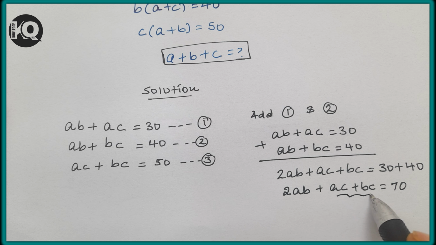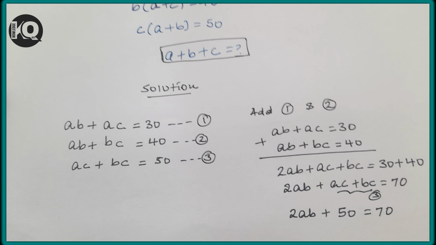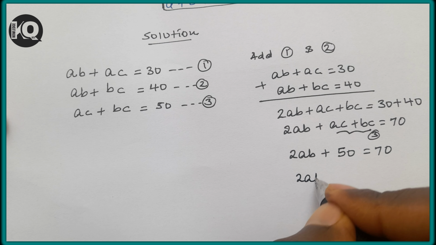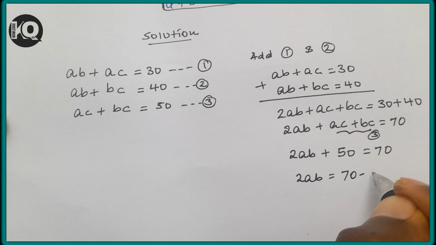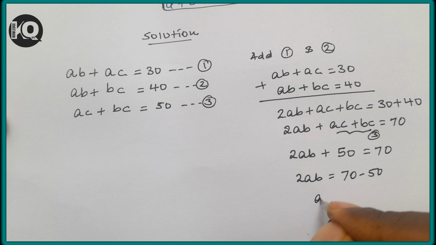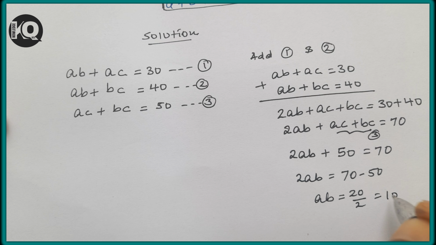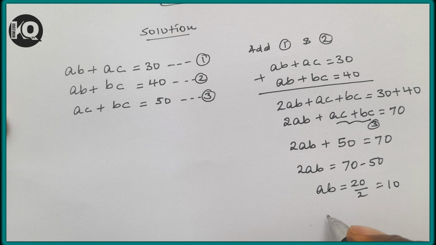But ac plus bc from equation 3 is 50. So 2 times ab plus 50 is equal to 70. Then 2 times ab is equal to 70 minus 50, so ab is equal to 20 divided by 2, which is 10. Let's say ab equal to 10 is equation 4.